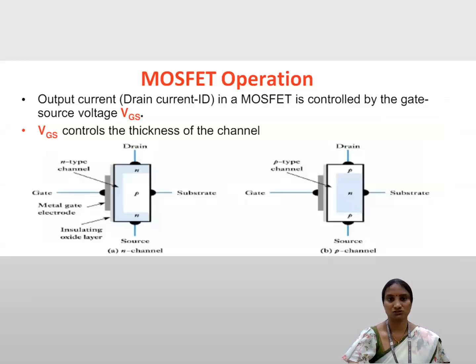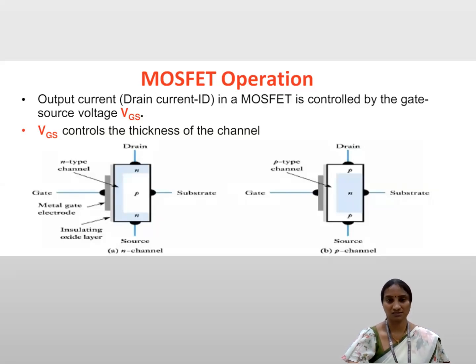Coming to the operation of the MOSFET, we just consider a MOSFET and we apply the gate to source voltage and the drain to source voltage. Already we know that the output drain current in a MOSFET is controlled by the gate to source voltage.